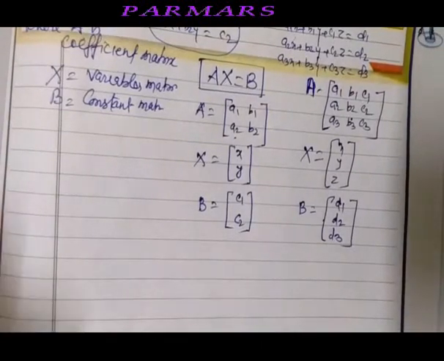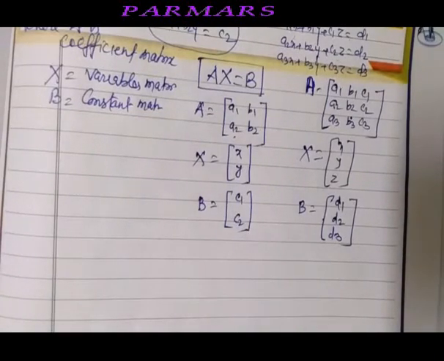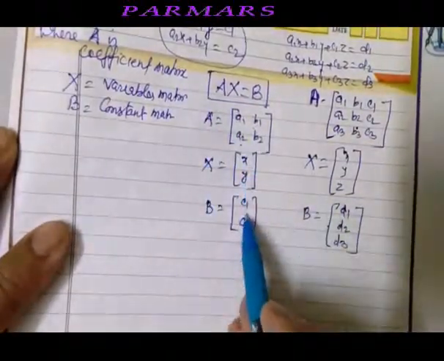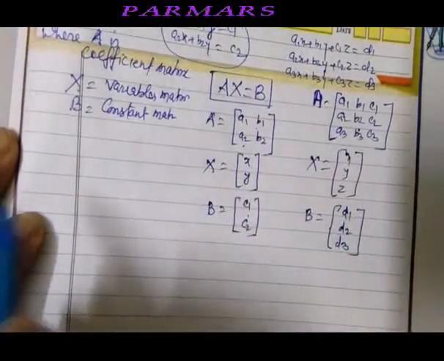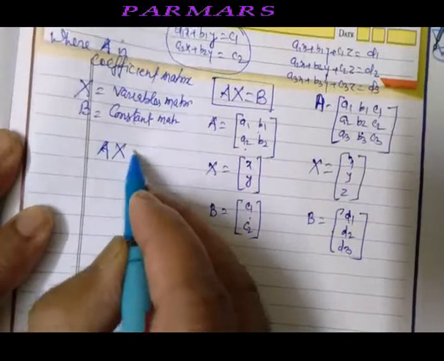So whenever you are required to solve a system of linear equations, first convert it into matrix form AX equal to B and write down the given matrices as well. Now, how will we solve?